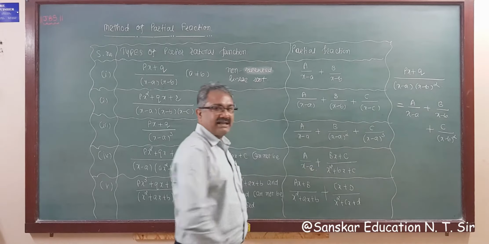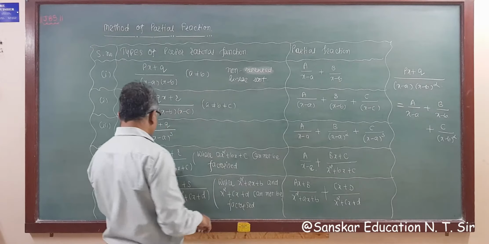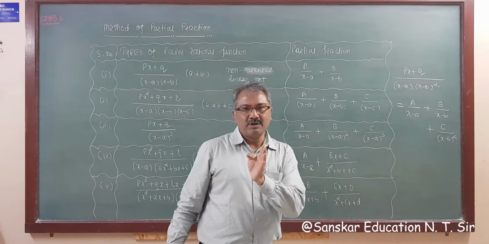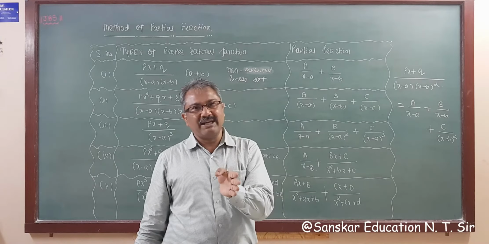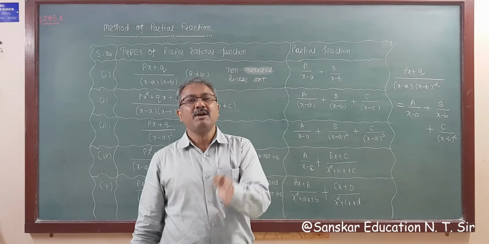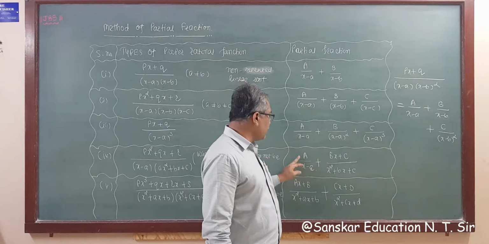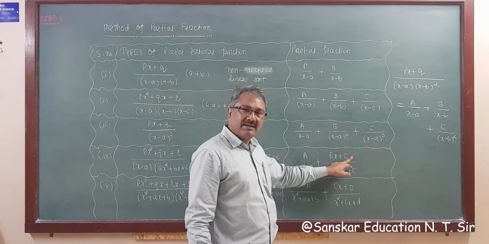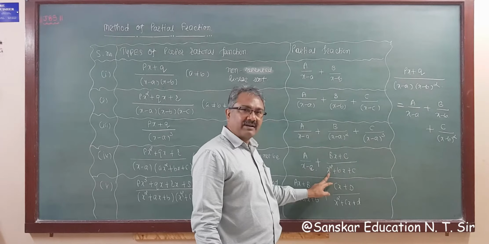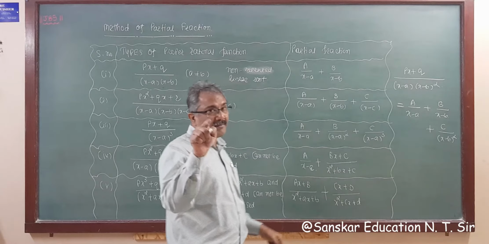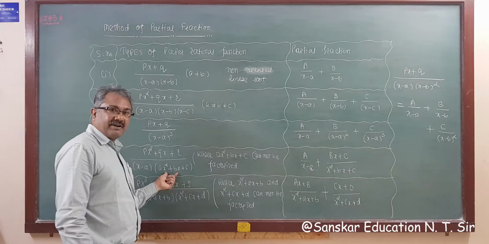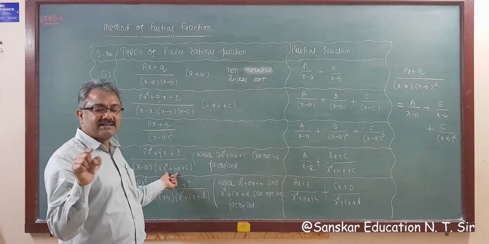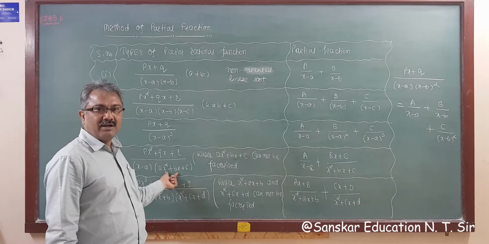Now for the quadratic factor, I said you have to take the form ax plus b, px plus q, cx plus d. So already a is engaged here, so I am taking b and c. So bx plus c, that is a linear form, upon the quadratic factor. But remember one thing, this ax square plus bx plus c, the denominator's quadratic factor, should not be factorizable. If it is factorized, then you have to take the factors.